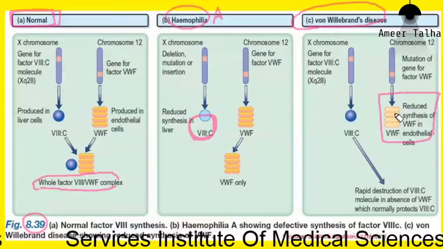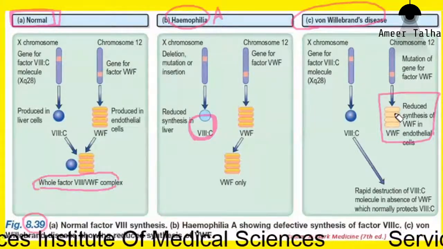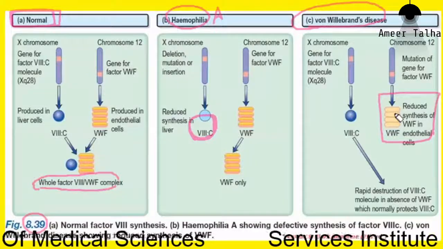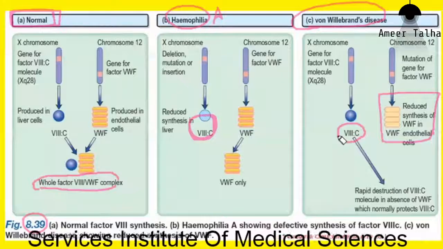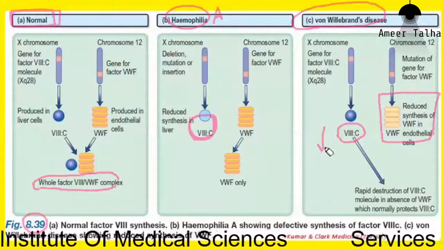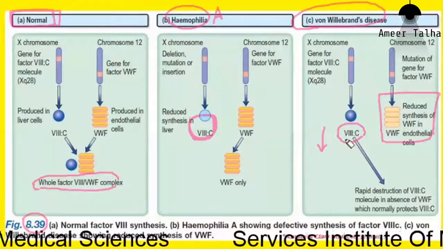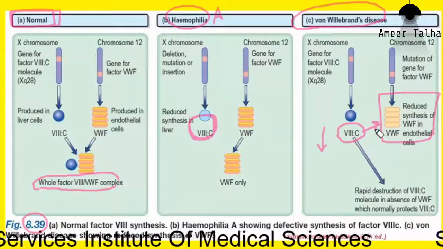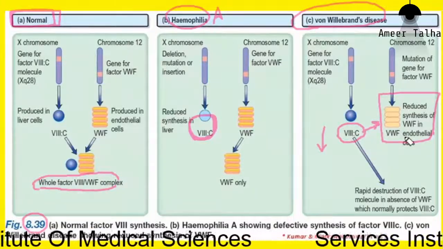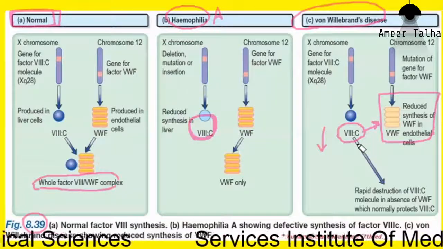Number two, the levels of factor 8 will also drop in VWD because factor 8 component is dependent on VWF as well. So in the deficiency of this larger component, eventually the factor 8 levels will drop as well.